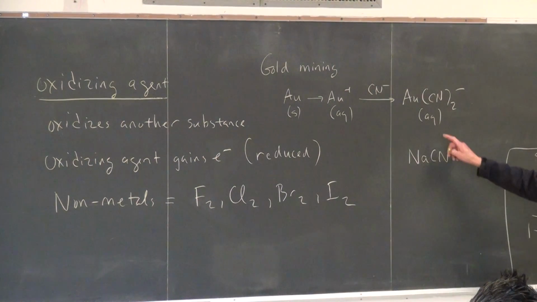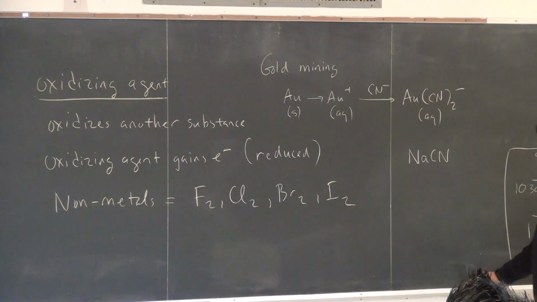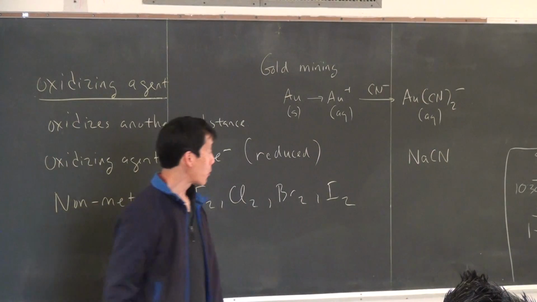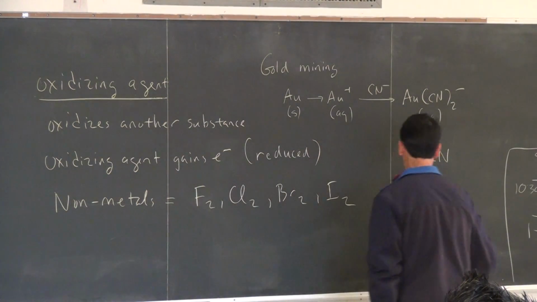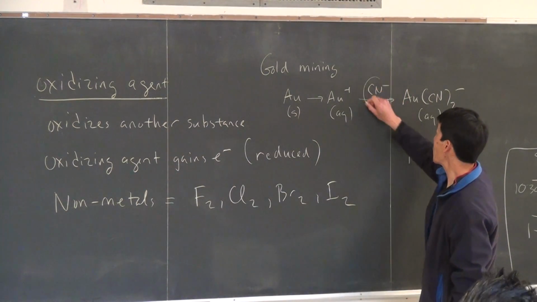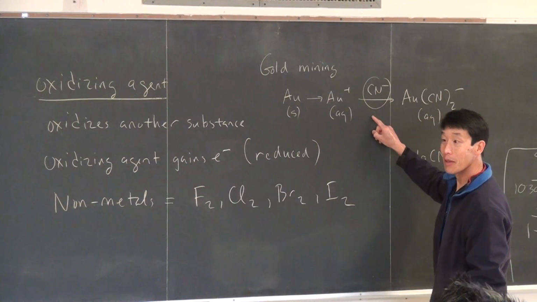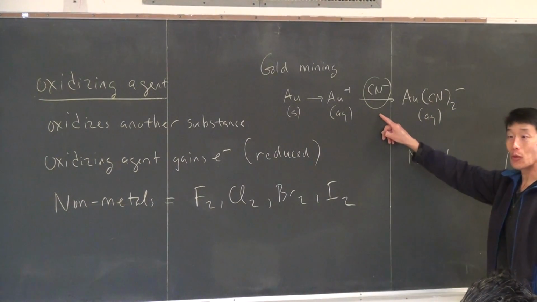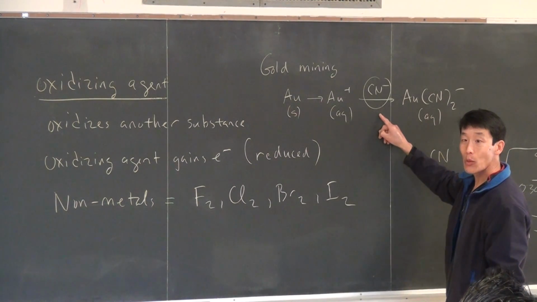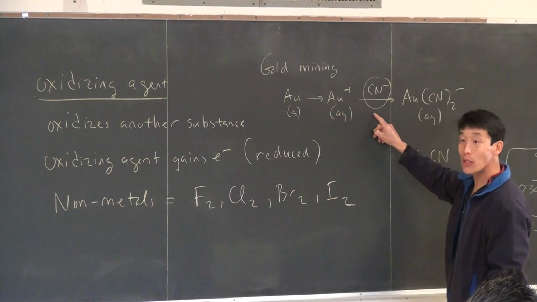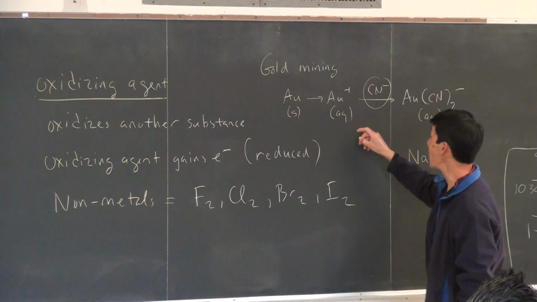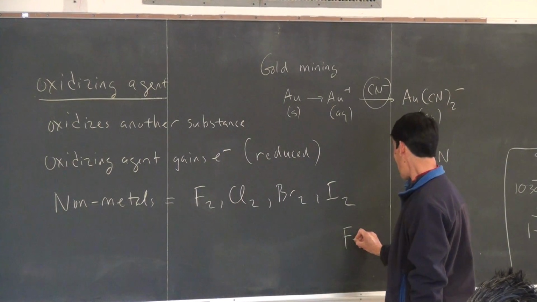Now note that gold mining, this is all called strip mining, is actually bad for the environment because the cyanide which is used is very toxic. It binds to the iron in the hemoglobin in our blood, and it poisons us the same way as carbon monoxide.